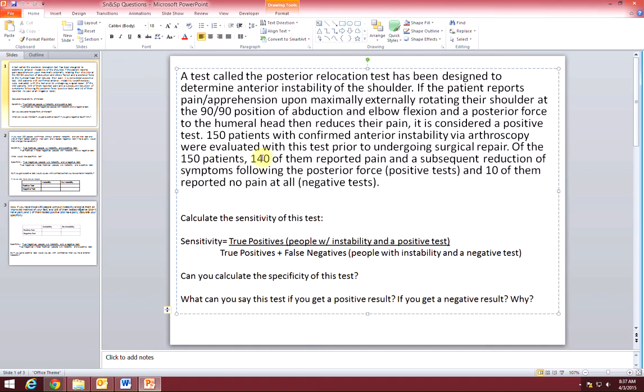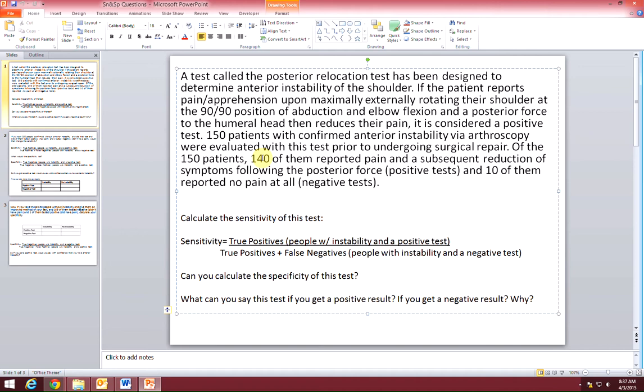As we continue reading through our test, of the 150 people who have the diagnosis, 140 of them report pain and subsequent reduction of symptoms following a posterior force, which means that it is a positive test. Given the description of the test at the top, this is a positive test.